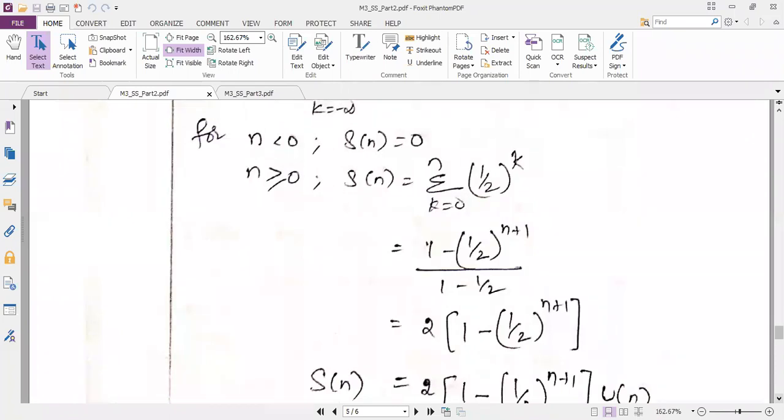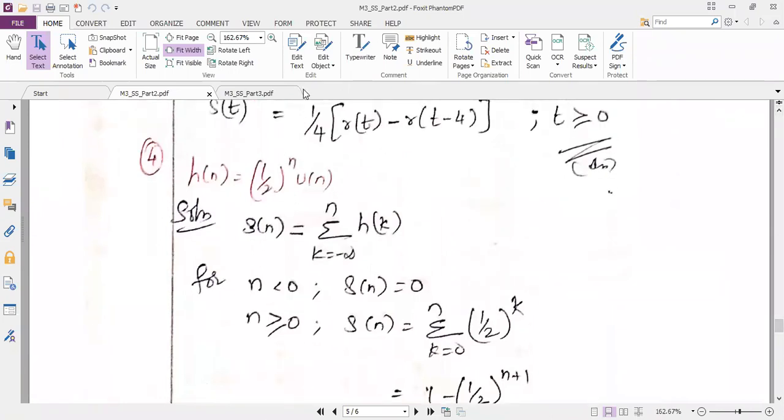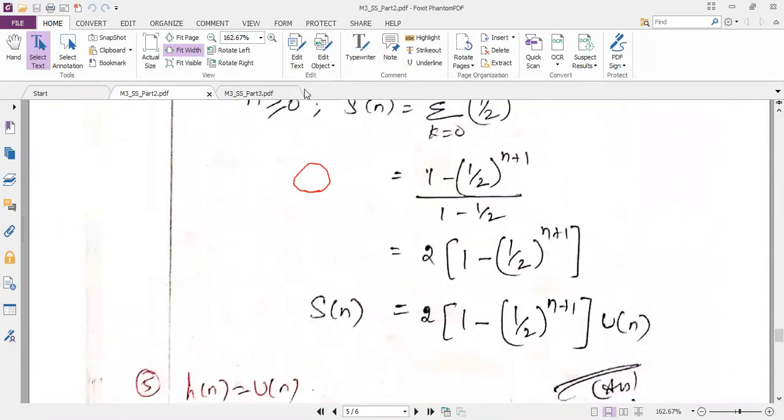So this is your answer. As I told in the earlier problems, if u of n is there in the question, you can show that identity in the output also. This says that I have the output only from 0 to infinity. In the previous problem also you can do it.